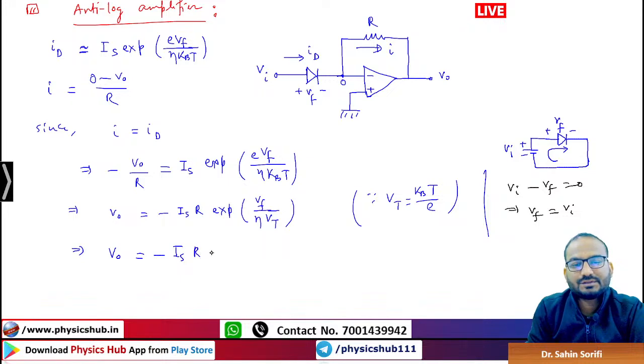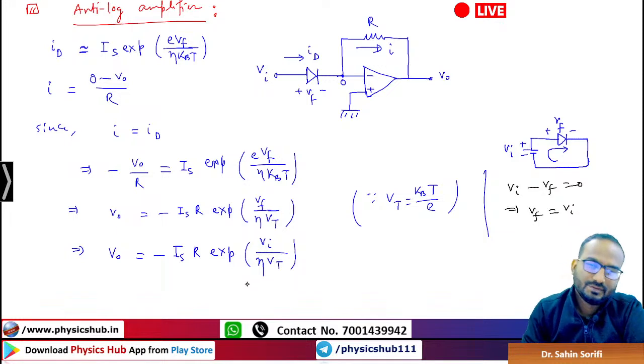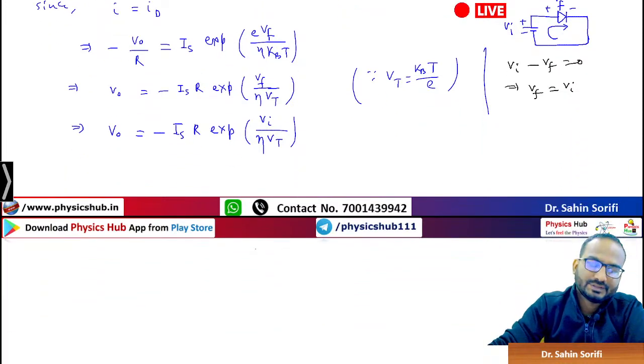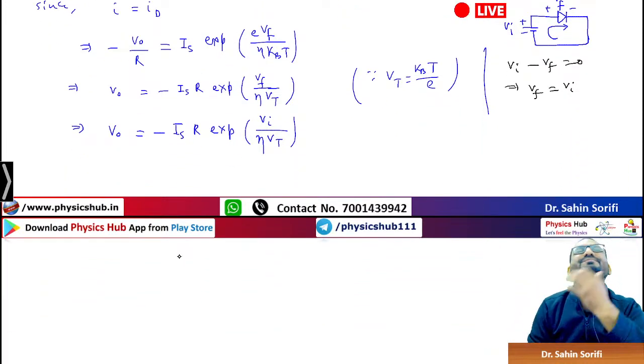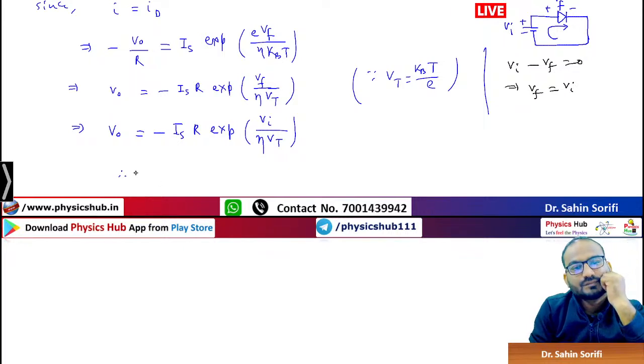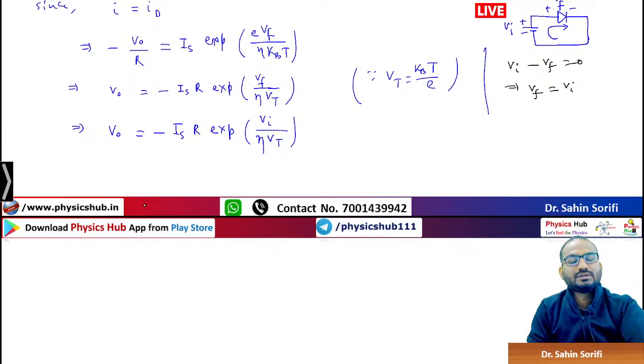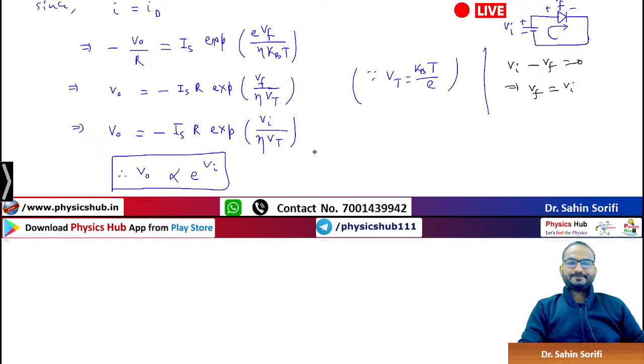V0 equals minus IS into R exponential Vi by eta Vt, where Vt is the voltage equivalent of temperature. Yes, it is proportional to the exponential of the input voltage. This is the anti-log circuit output.